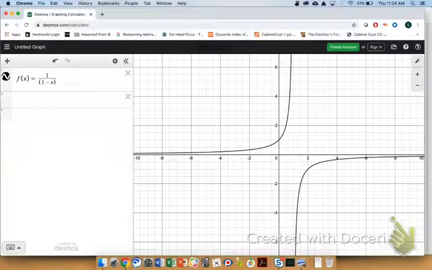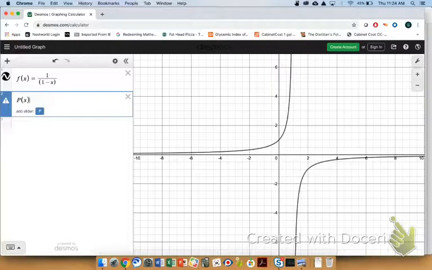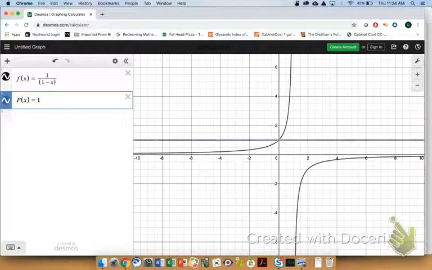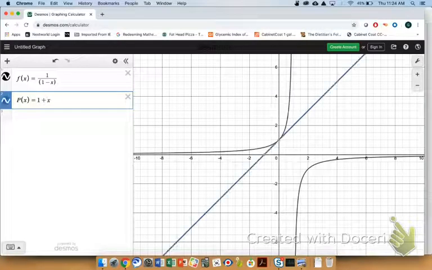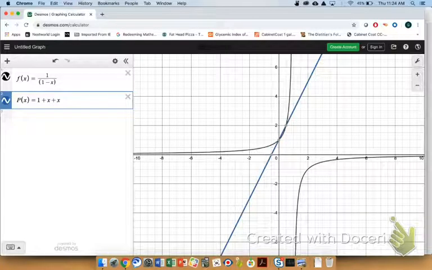Okay. So then, somebody earlier, I think Julia said, wait a minute, there's got to be a vertical asymptote there. Of course there is. You're right. So let's say p of x equals, well, that polynomial we just came up with is easy to type. 1 plus x. What's that? Tangent line. Now we're going to make it a tangent curve, so to speak.